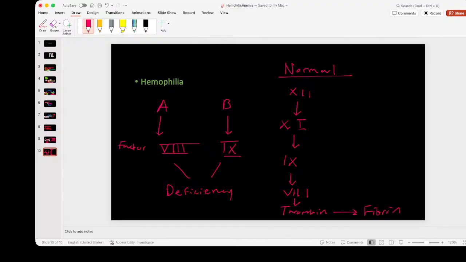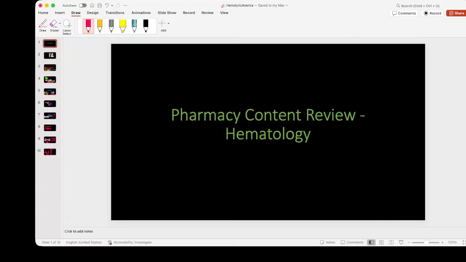So I wanted to point a few things out for your knowledge and for your understanding of different types of hematology disorders and diseases.